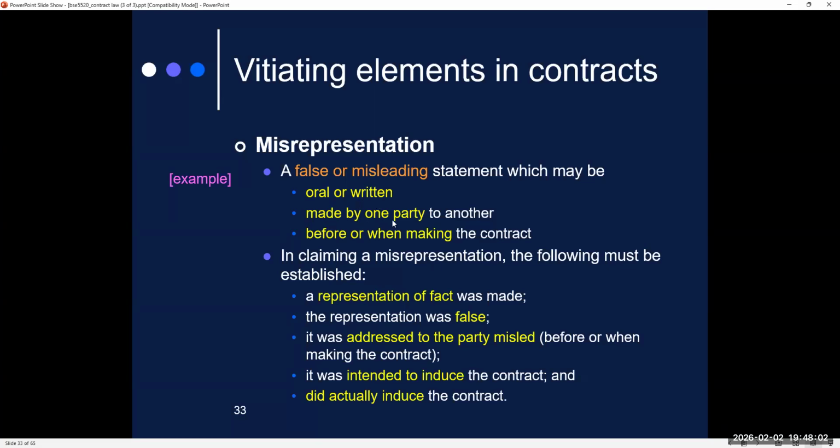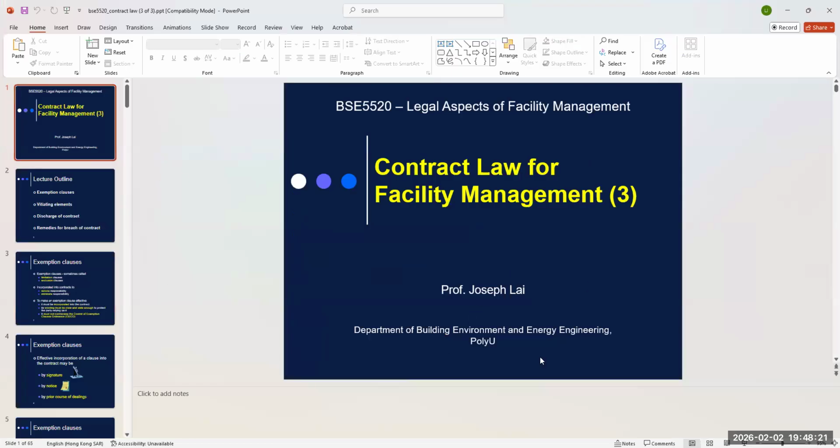Made by one party before or when making the contract, not after. Not after making the contract, but before or when making the contract. Again, it's better to have an example, right? So, give an example.